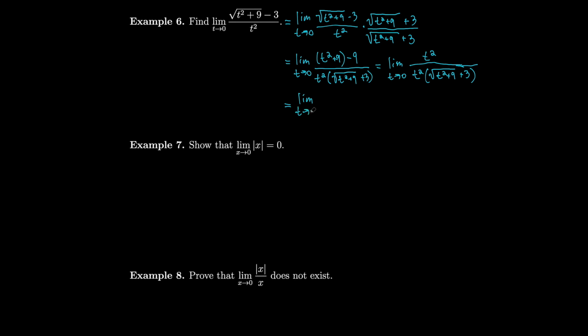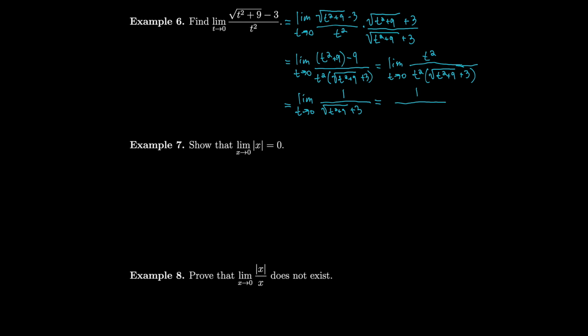Okay, so that's awesome. We can cancel out the t squareds and just get that this is the limit as t goes to 0 of 1 on top, square root t squared plus 9 plus 3. Okay, so now I can take the limit and I can put it on top and bottom, because notice the limit in the denominator will not end up being 0. So the limit on the top will just be 1.